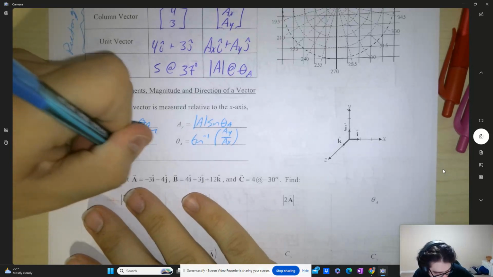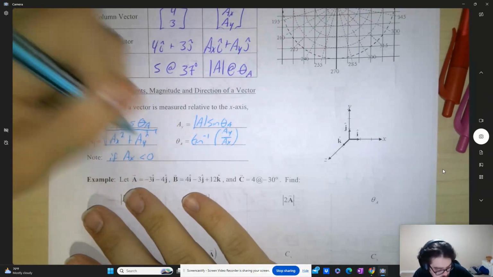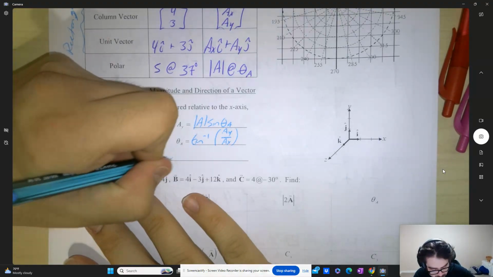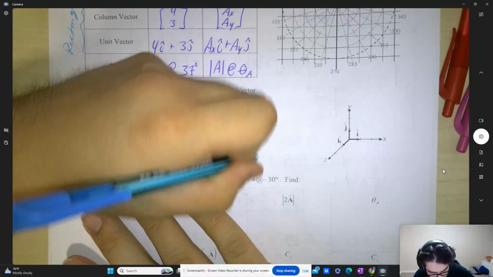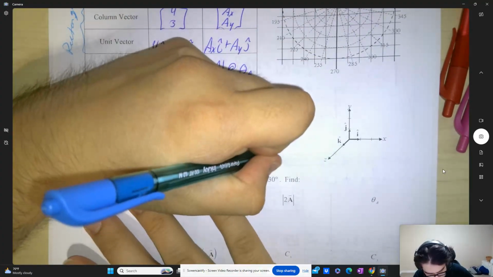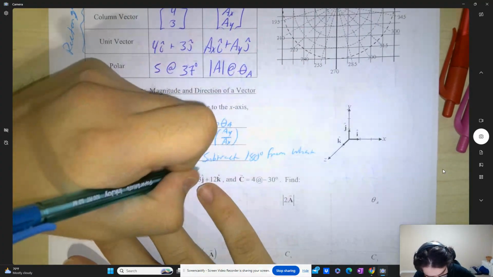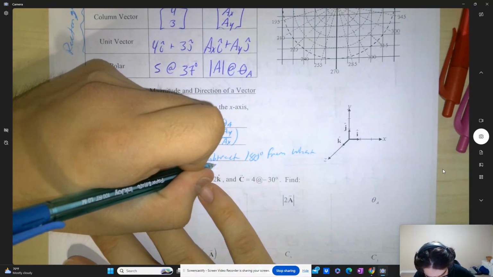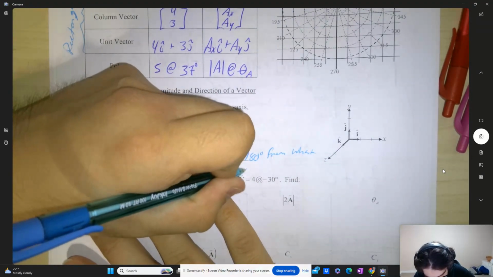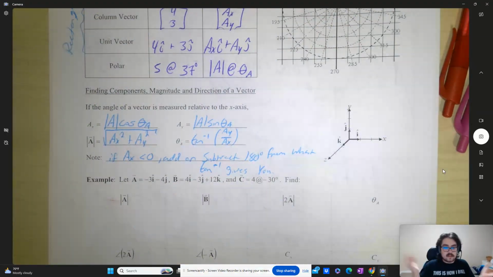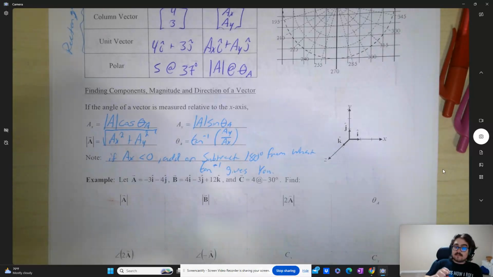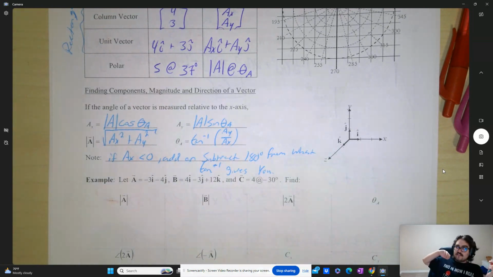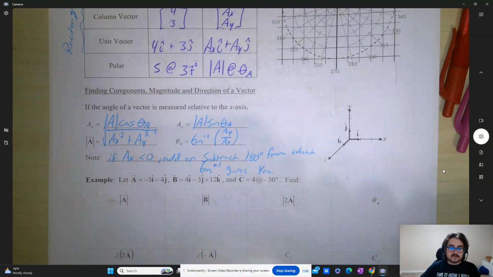If a sub x is less than 0, so negative, you have to add or subtract 180 degrees from what the inverse tangent gives you. It doesn't matter if you add it or subtract it.